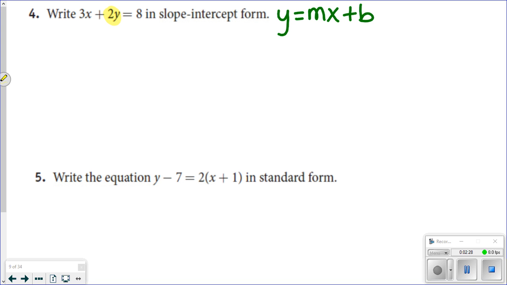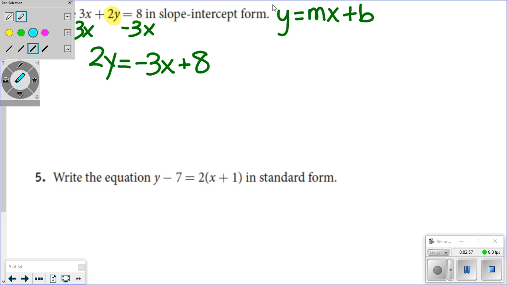We want to isolate it. We want to solve for y. So what that means is we're going to subtract 3x from both sides. So 2y equals, and I'm going to write my negative 3x first because my formula says to write mx first. Then my plus 8 at the end.